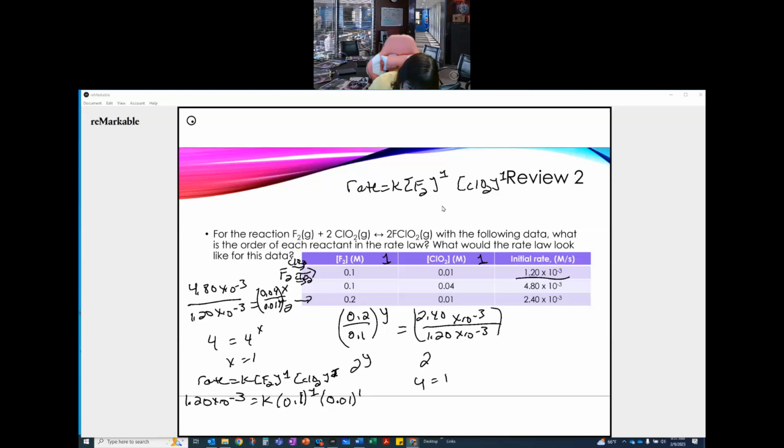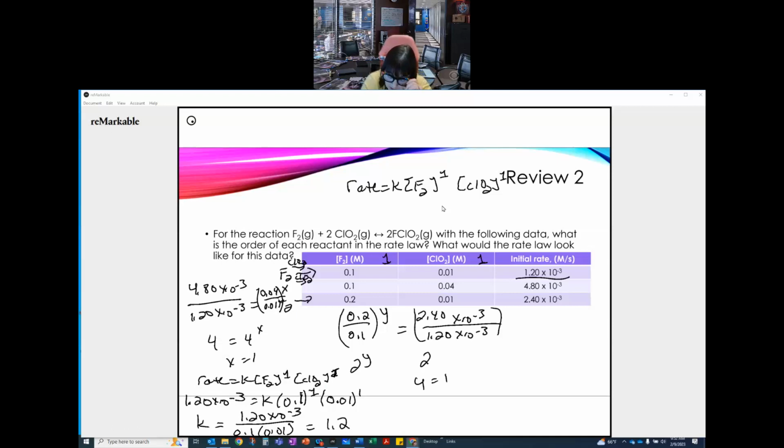And so if I solve for k, it is equal to 1.20 times 10 to the minus 3 over 0.1 times 0.01. I can do that math, 1.20 times 10 to the minus 3 divided by 0.1 divided by 0.01, and it gives me 1.2.